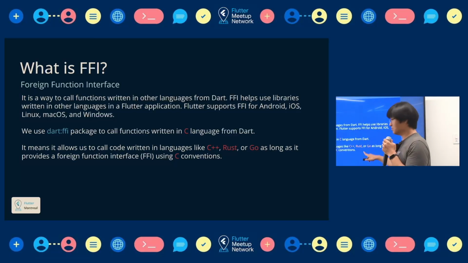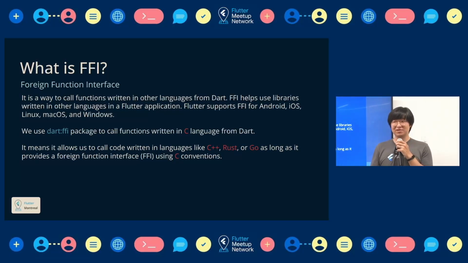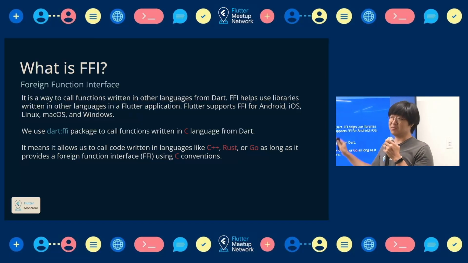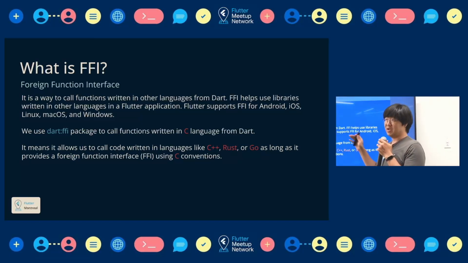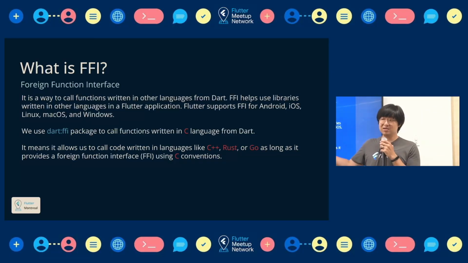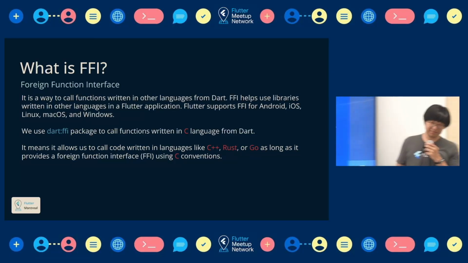C++, Rust, Golang, that's a perfect example. You can use them in Flutter. But you cannot do that with Java. Instead, for Java there's another interface, maybe we can talk about it later: the JNI interface, which makes your Dart application communicate with Java. So it's a different communication channel. But today it's going to be FFI, which can communicate with native libraries.